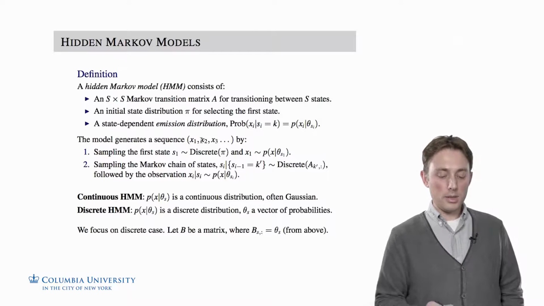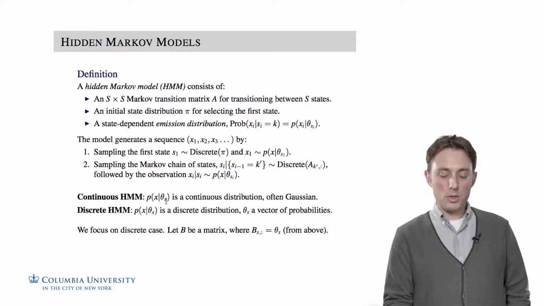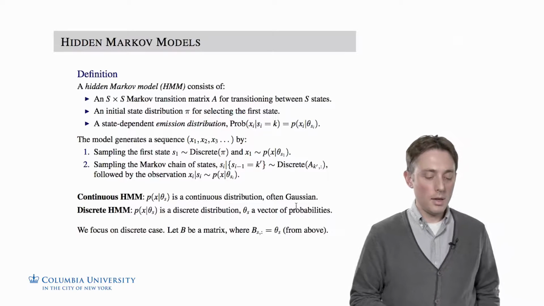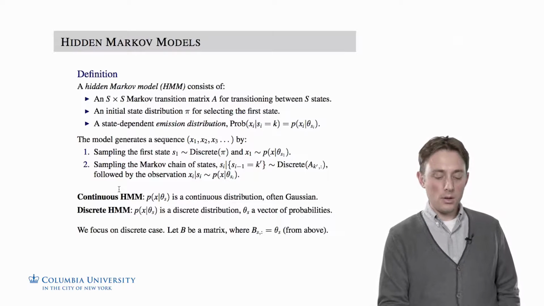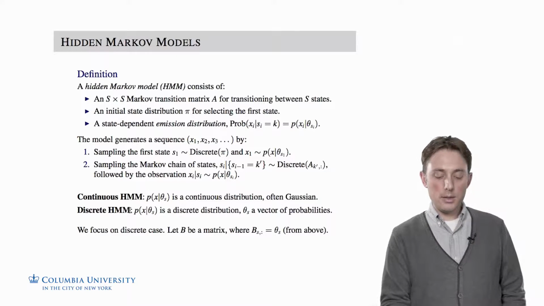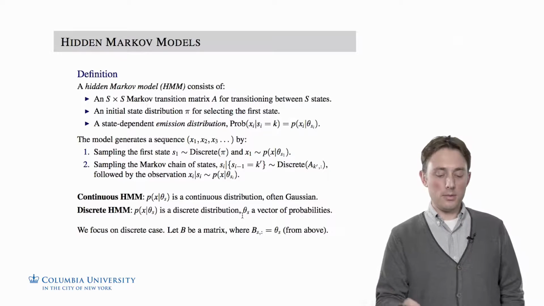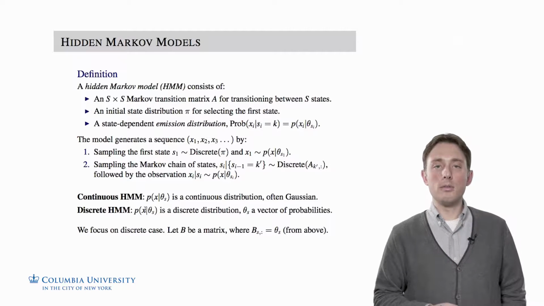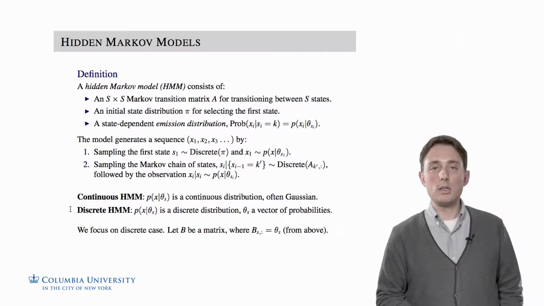When we want to model these as continuous, then the distribution on the data is a continuous distribution, often a Gaussian. And in that case, we say we're doing a continuous HMM. When we model the data as discrete, then the parameter for the state s is simply a vector of probabilities on the discrete set of observed values that x can take. In that case, we say we're doing a discrete HMM.